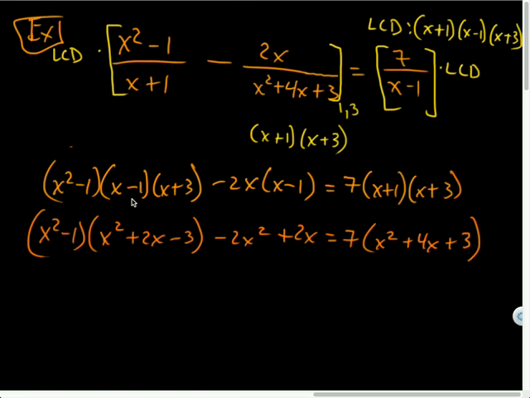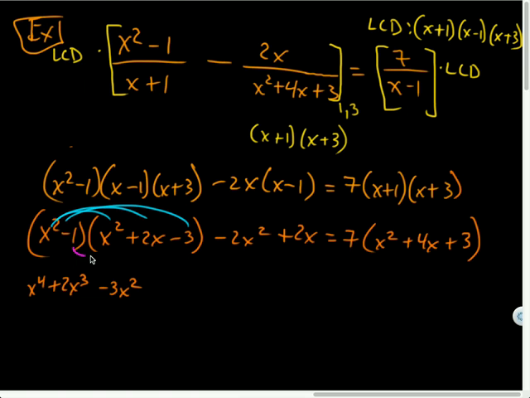So let's distribute this guy. So x squared times x squared is x to the 4th. Let's see if I can even fit all of these on one line. Plus 2x cubed minus 3x squared. All right, that was the first distribution that we did there of the first term multiplied by all of those.